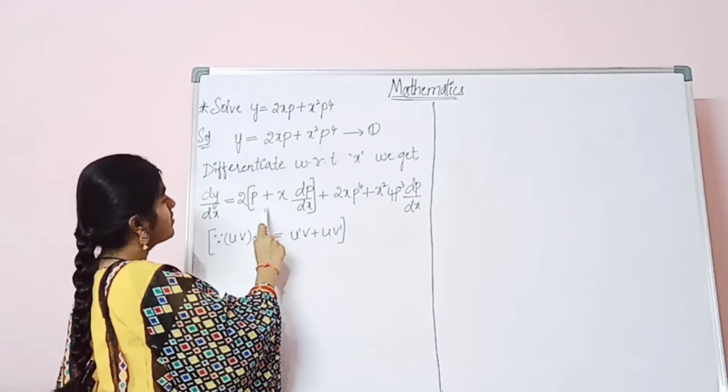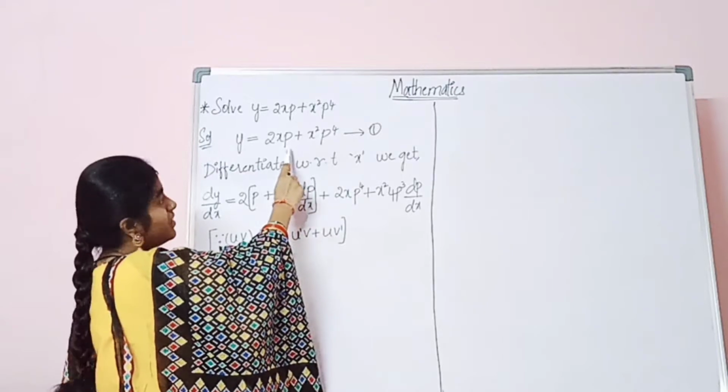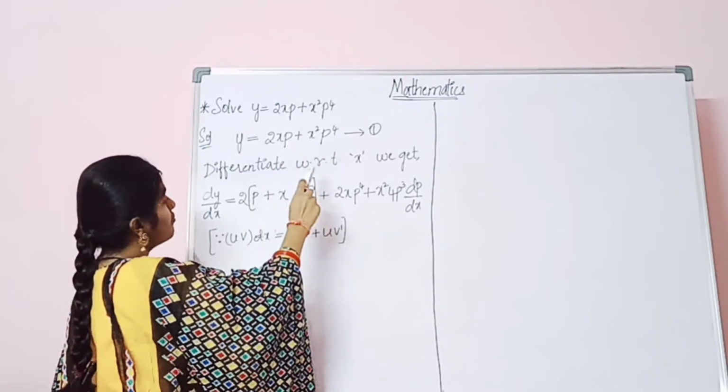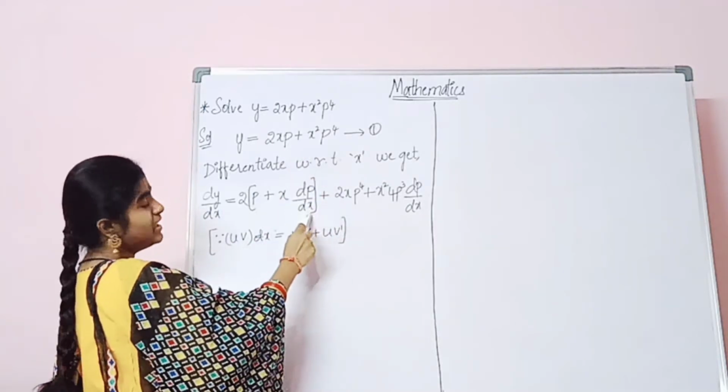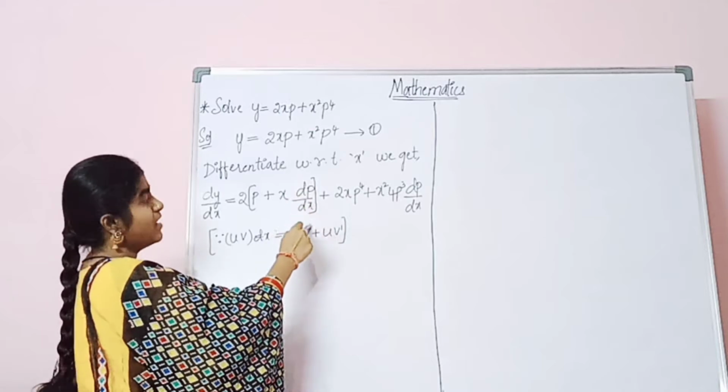Plus u, which is x, into v dash. Differentiation of p with respect to x means dp by dx, so x into dp by dx.